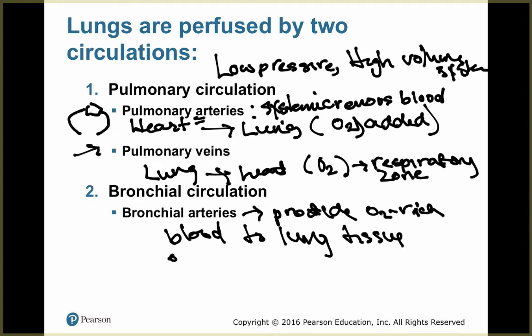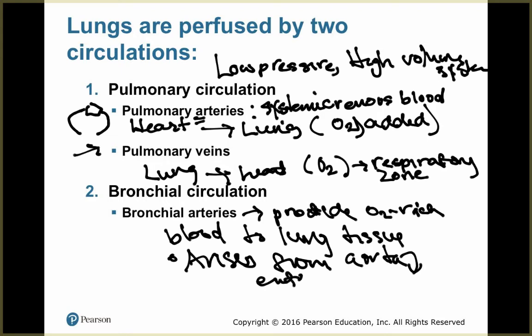And so this guy arises from the aorta and then enters the lung at the hilum.